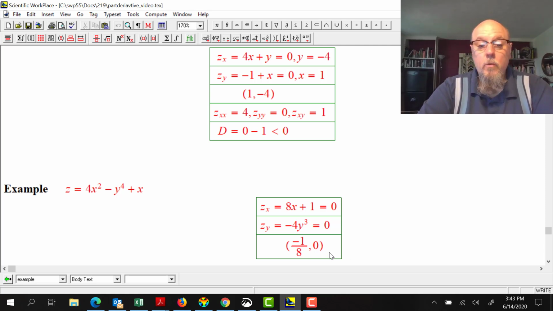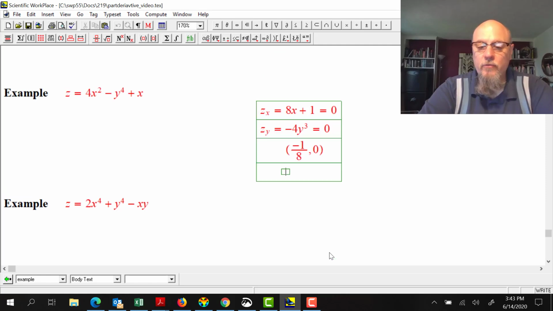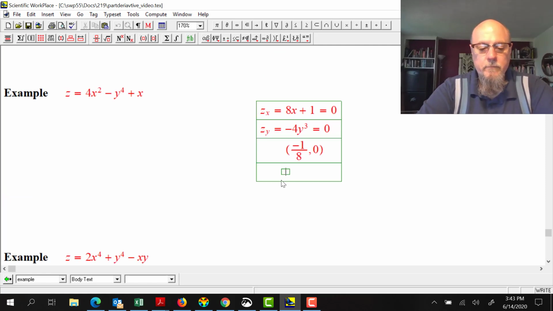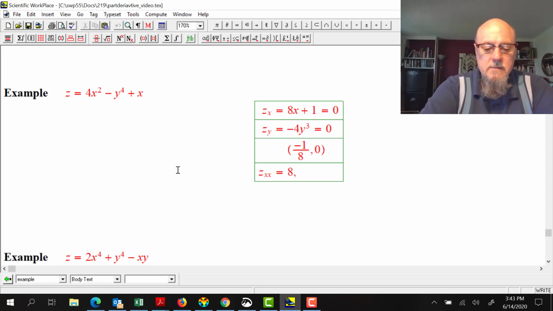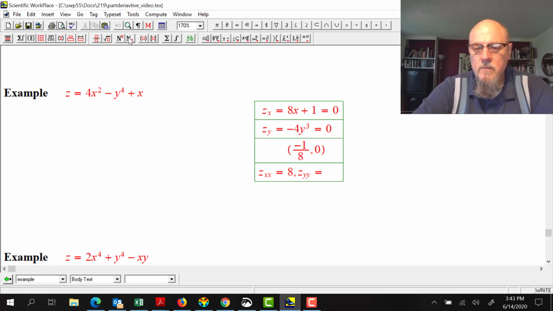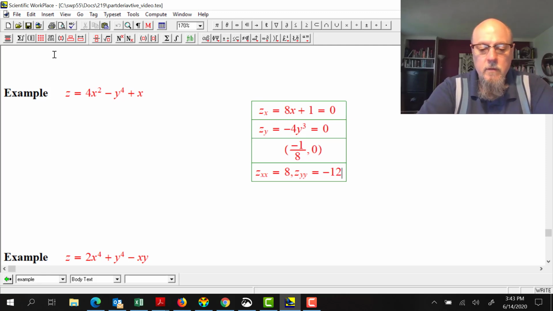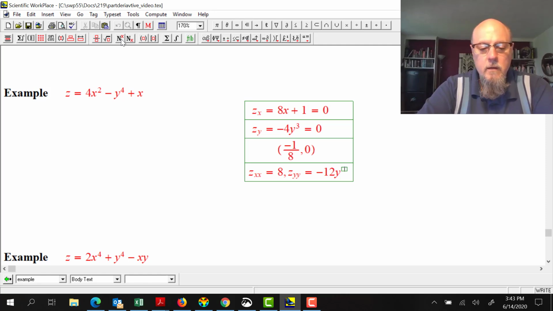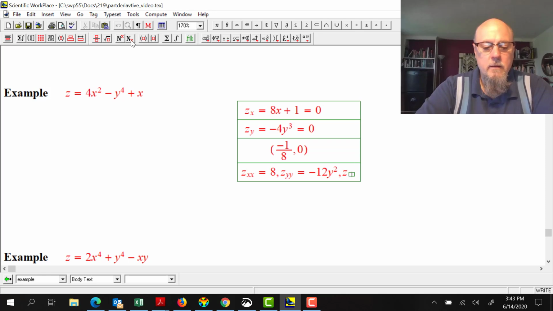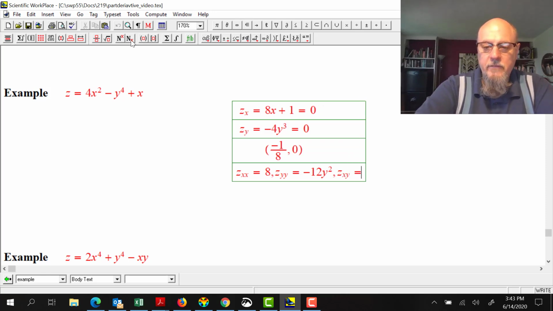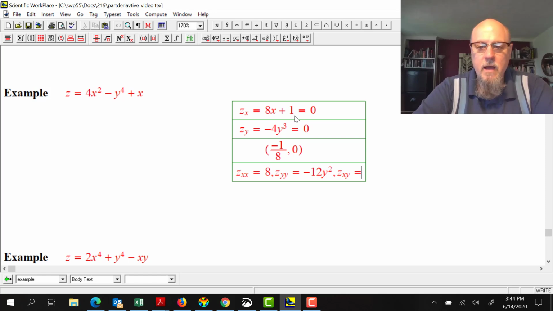So we'll classify that critical point. I need all those second derivatives then. z sub xx is 8, z sub yy is minus 12y squared, and z sub xy, again, Clairaut's theorem, doesn't matter, it's 0.